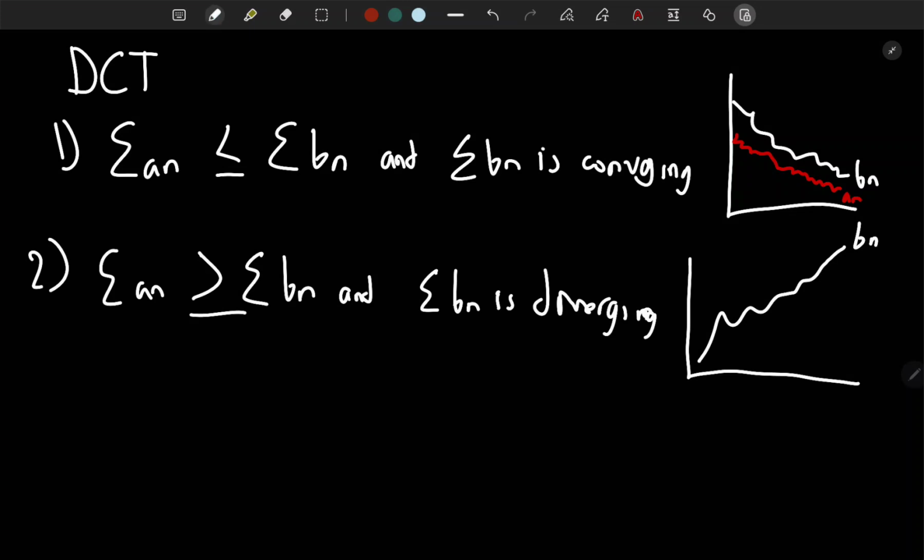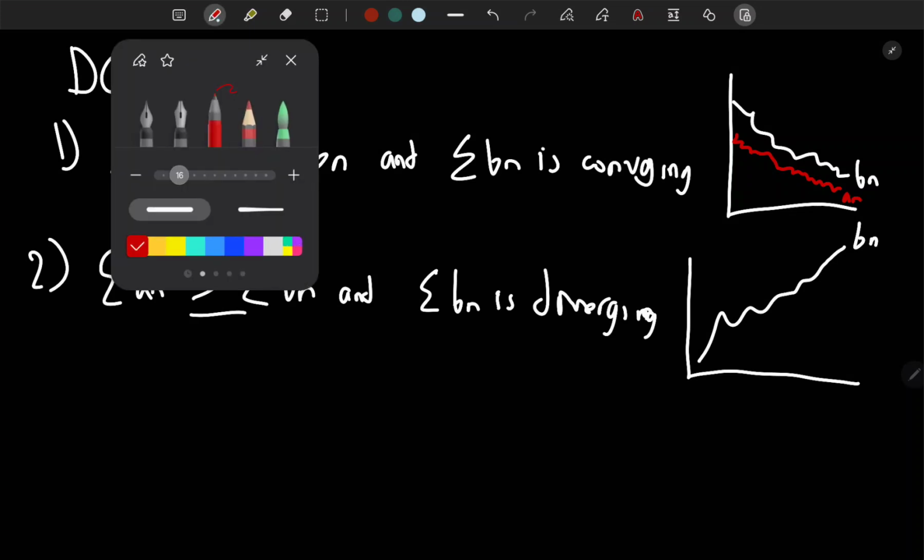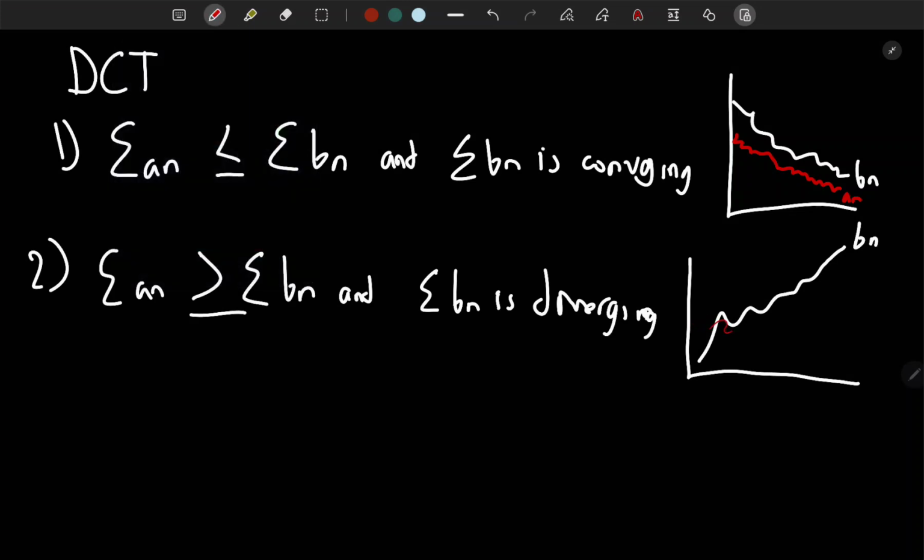So here, if I change my color to red, a of n has to be more than b of n in this graph, right? It can never go below it, it has to be above it. So these are the two conditions that you need to follow. So in the first case, a of n has to also converge, and in the second condition, a of n is diverging.